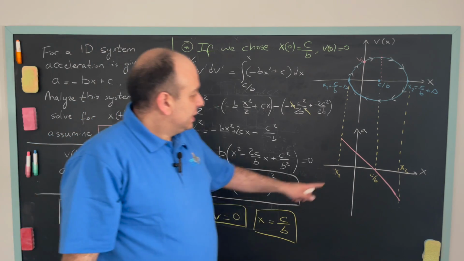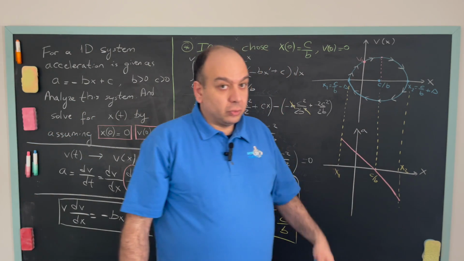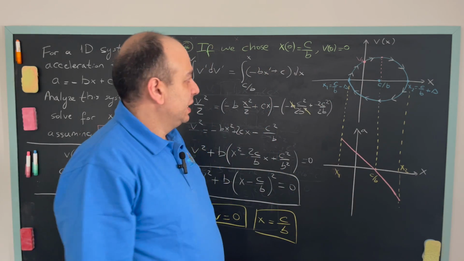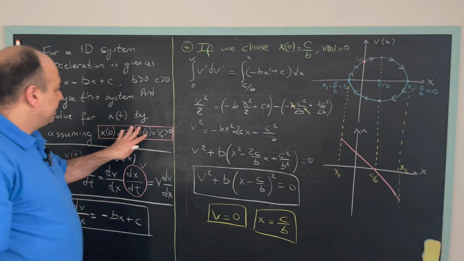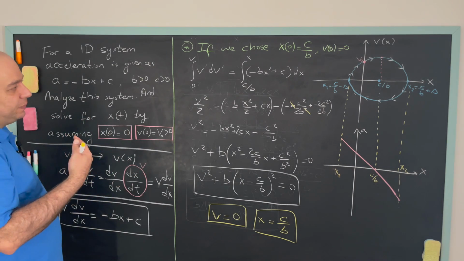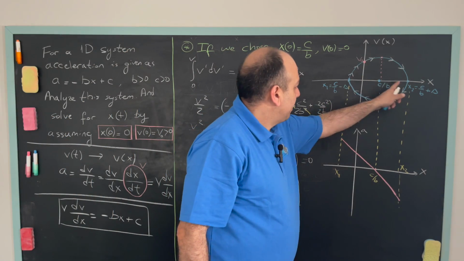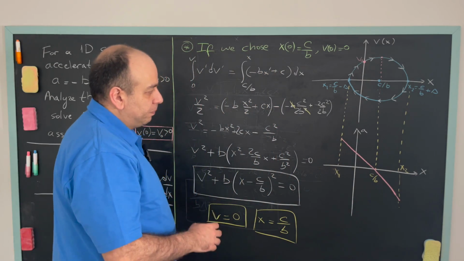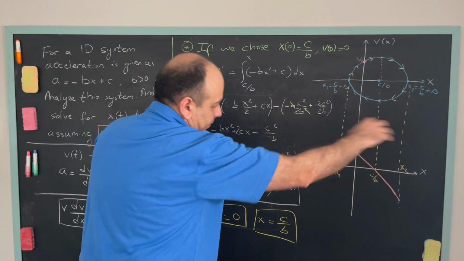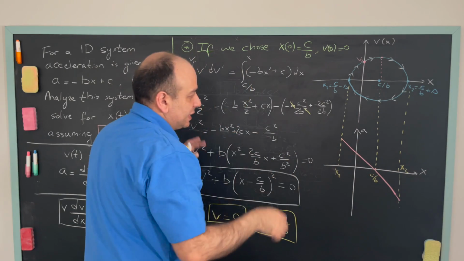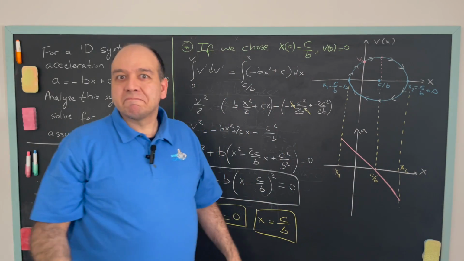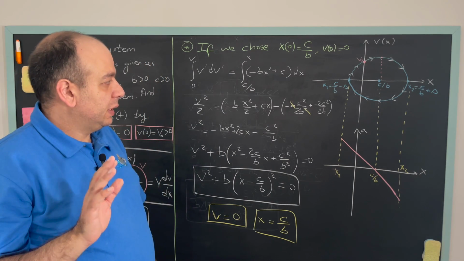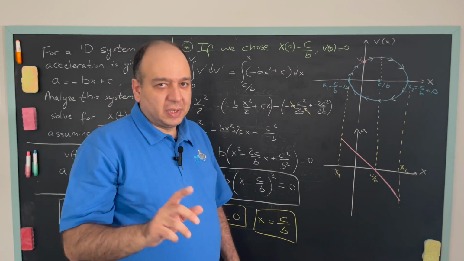Okay, so this type of point is called an equilibrium point, but in this case it is also stable, because if I change the initial conditions slightly, the system moves about the x is equal to c over b point. So it moves back and forth about x is equal to c over b. This is a stable equilibrium. We will learn all about these later on my channel.